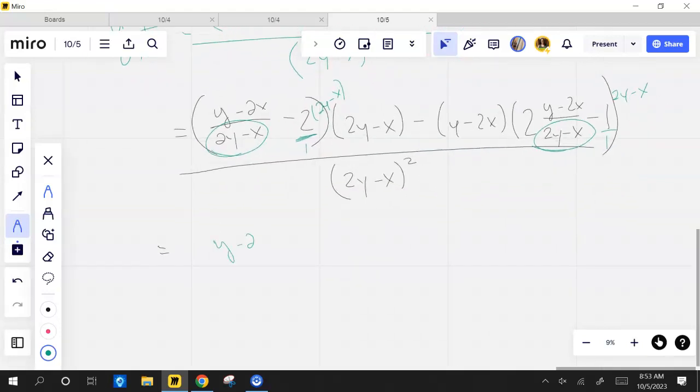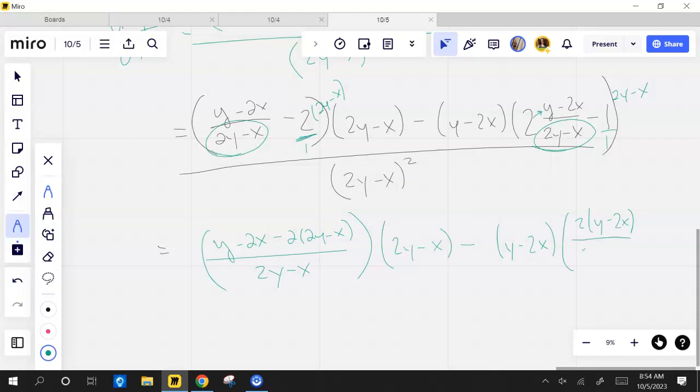So I got y minus 2x minus 2 times 2y minus x, and then I'll move that denominator down, times x minus y minus 2x times 2y minus 4x over 2y minus x, and up here, I'm going to say minus 2y.